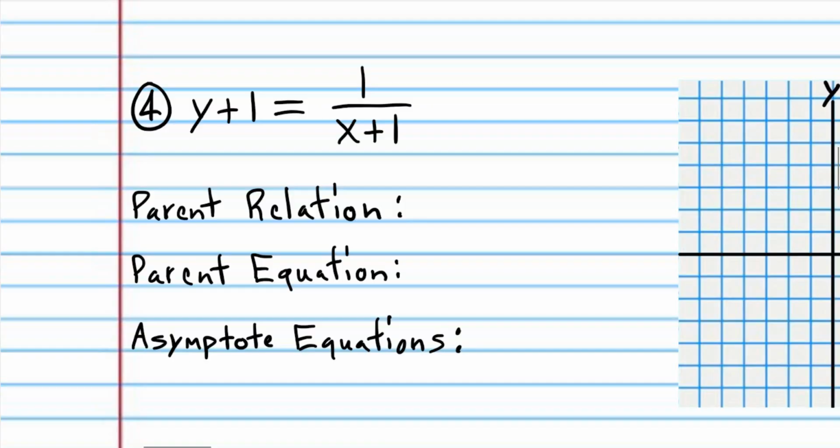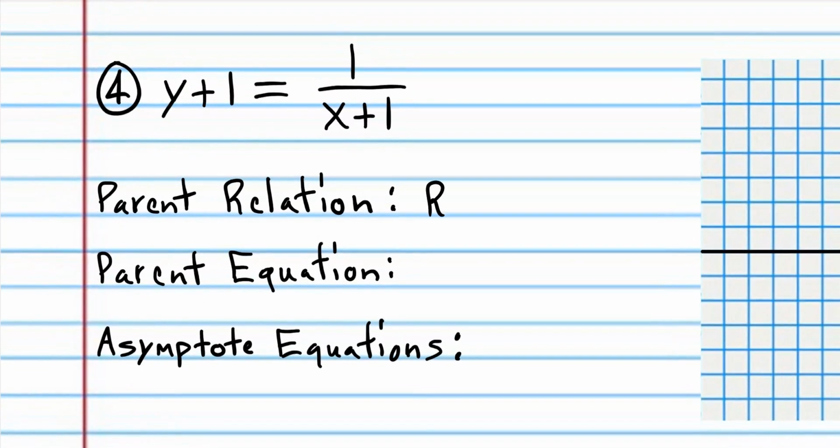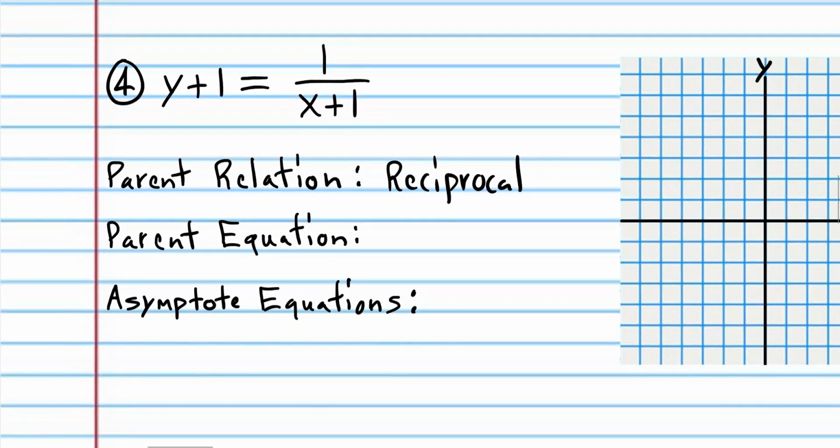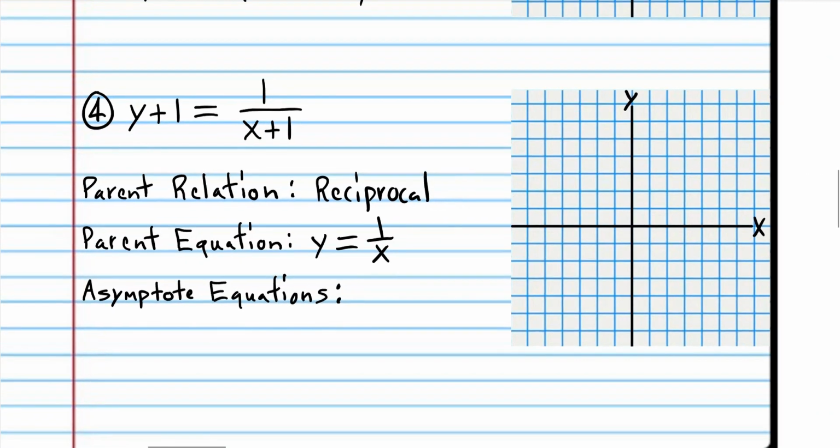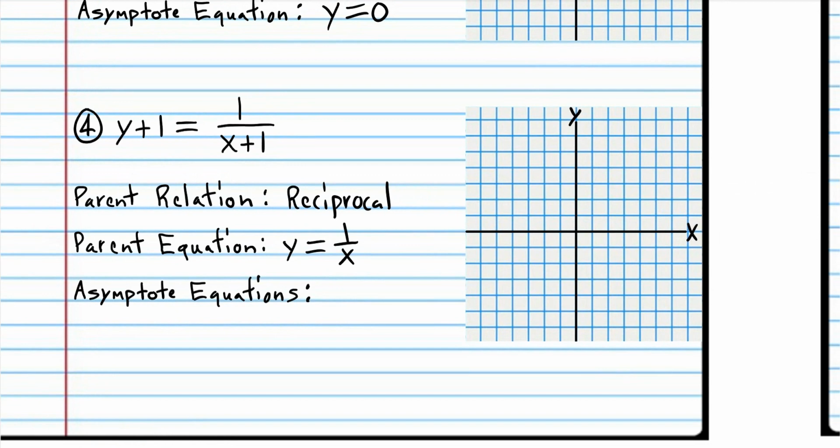Okay, we're back. The parent relation is the reciprocal relation, and the parent equation is y is equal to 1 over x, and our asymptotes are going to be on the y-axis and the x-axis, but then we add 1 to x and add 1 to y, which means that we have to move the asymptotes 1 unit to the left and 1 unit up.